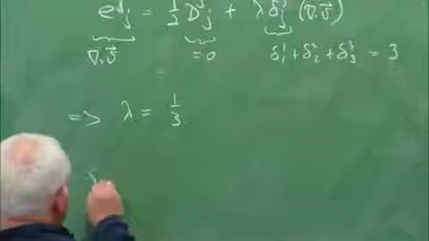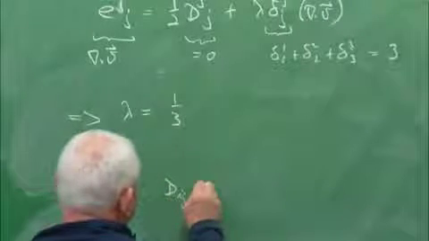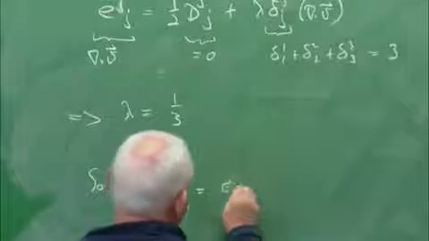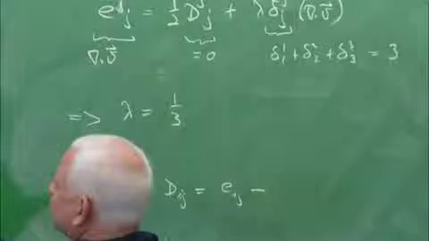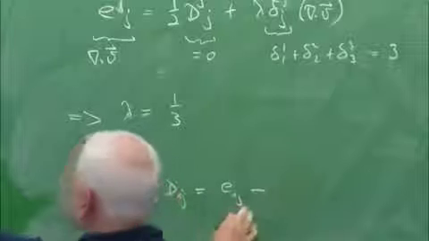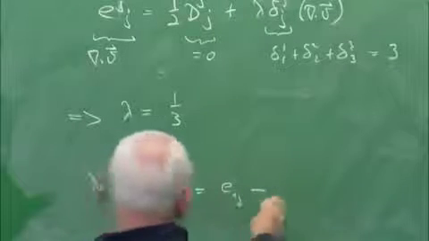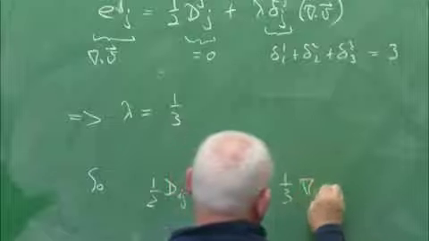And so dij is then eij minus, what's the expression? 1/2 of that is equal to eij minus 1/3 and the gij.